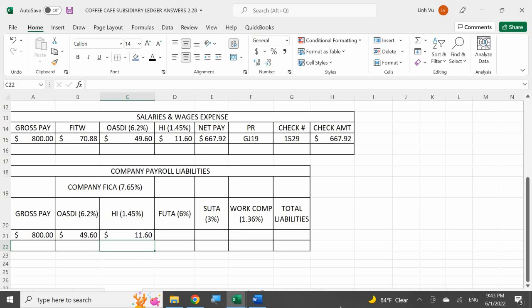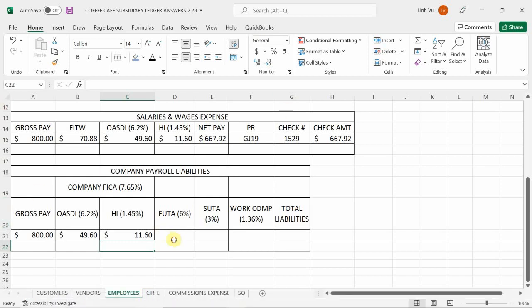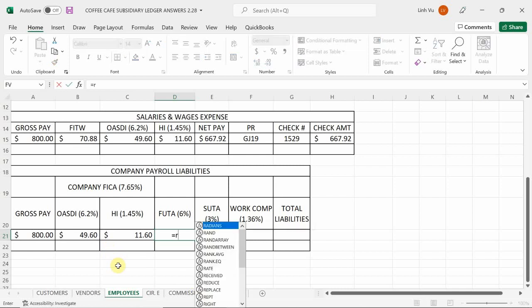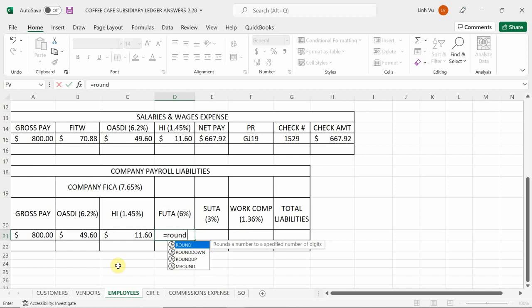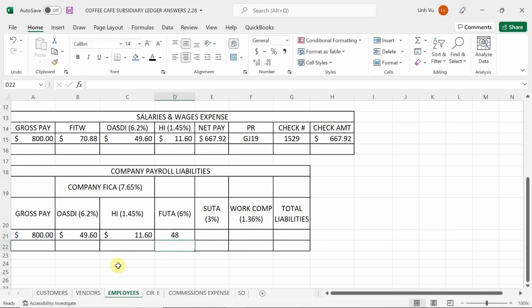The company must match her. Okay. And FUTA, in this class we learned, is going to be 6% that you must pay into federal unemployment. In this case, this is based off of gross earnings. So 6% of $800 is going to give you $48.